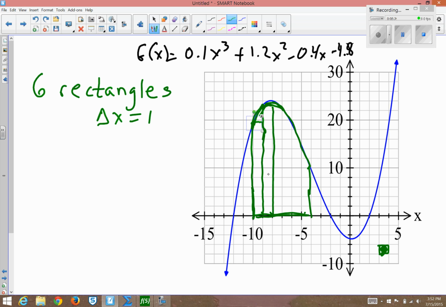At -8, we go to the point on the curve. Wherever we are at the curve, make a flat top 1 unit wide. That's the width of each rectangle. And straight down to the x-axis. Go to -7, find the point on the curve, go to the right and down.